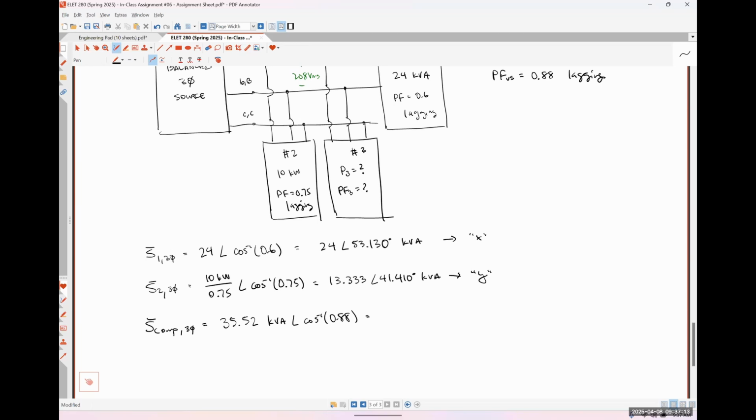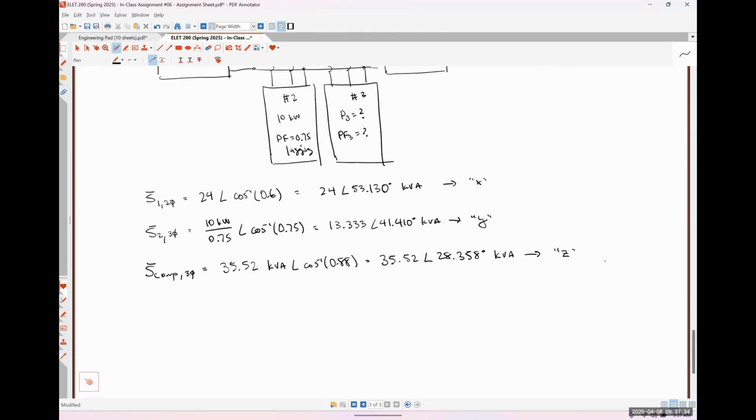And I get that to be 35.52 with an angle of 28.358 degrees kilovolt amperes, and I'm storing that as Z.